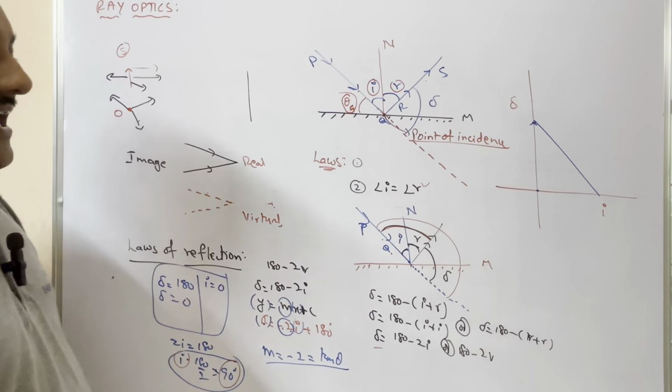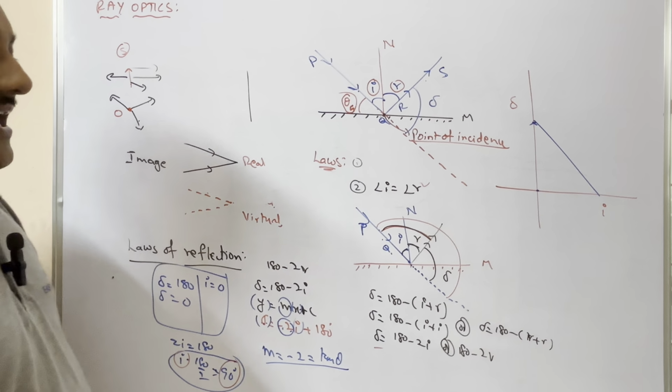Delta becomes maximum, 180 degrees, whenever the angle of incidence is 0. If this is the plane mirror, this is the normal. Now, how can we draw angle of incidence 0? Angle of incidence is 0 means this is the incident ray, passing along the normal. In this case, the angle of incidence is 0. At that time, what is the angle of reflection?